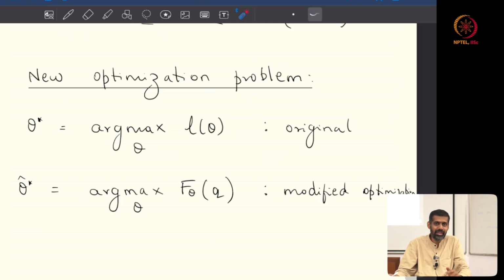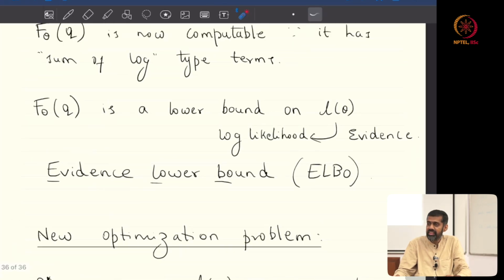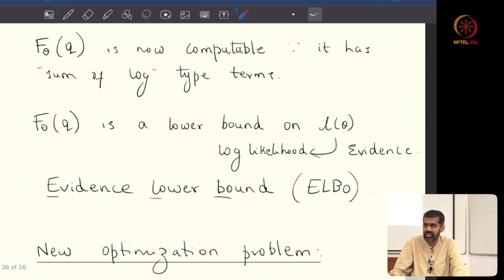So when you maximize the lower bound, there is no guarantee about the original function. Why are we doing it? In latent variable models, this is the best that we can do, because the actual likelihood function is intractable, as we saw, and we cannot optimize it at all.